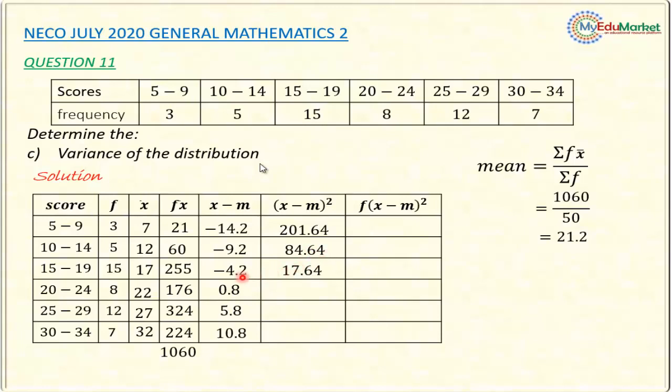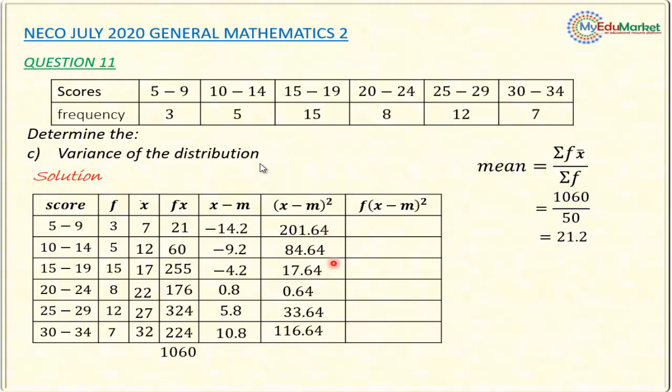Next 4.2, it's going to be 17.64. Next 0.8 is going to be 0.64. Next 5.8 squared is going to be 33.64, and the last, 10.8 squared, is going to be 116.64. This is the square of the deviation.